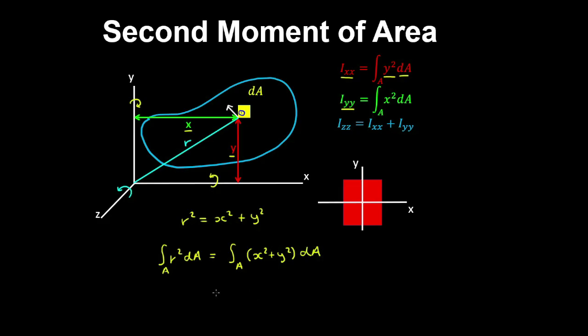And if we break up the integral on the right, we obtain a moment of inertia about the y-axis plus the moment of inertia about the x-axis. And this quantity here is the polar moment of area, which we denote Izz, which is equal to Ixx plus Iyy.